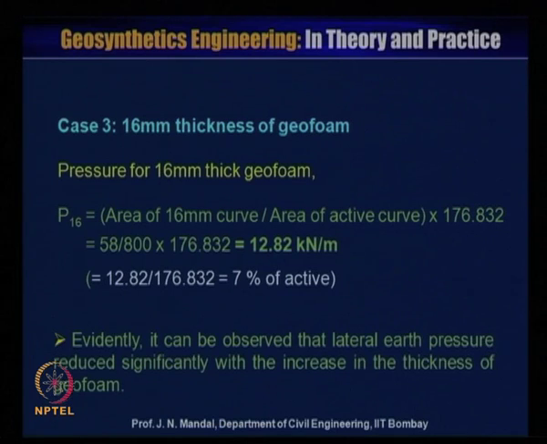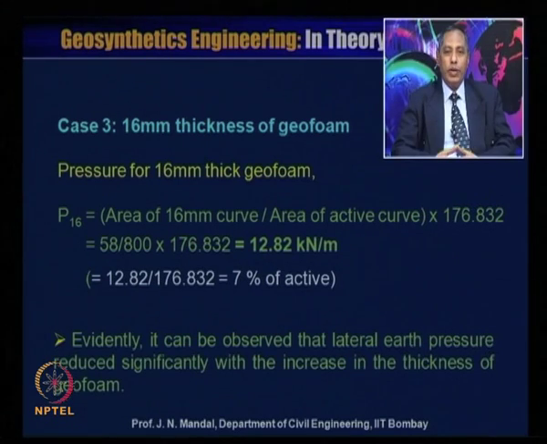Now case 3, 16 millimeter thickness of geofoam. The pressure for 16 millimeter thick geofoam, that is P16, is equal to area of 16 millimeter curve divided by area of active curve into 176.832.